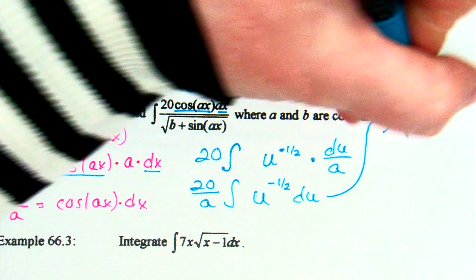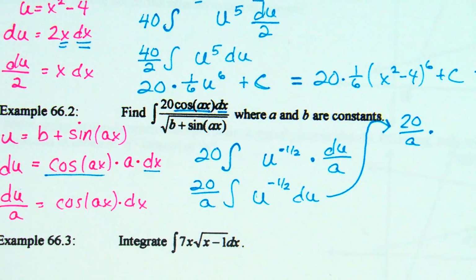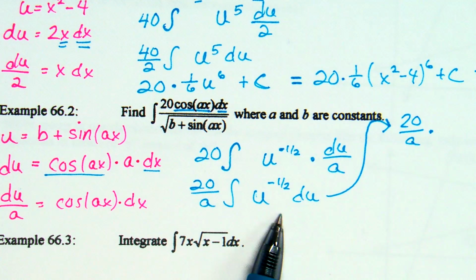What is the integral of u to the negative 1/2? I don't want to put the sine x in right now. I'm just trying to integrate u to the negative 1/2. 2u to the 1/2 if you want. The idea is you add 1 to the power, right?